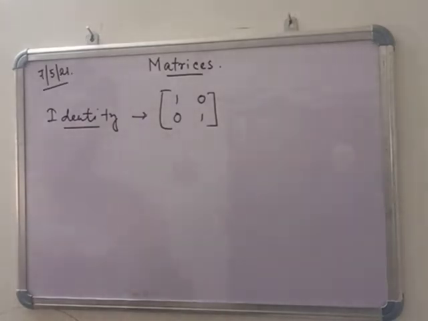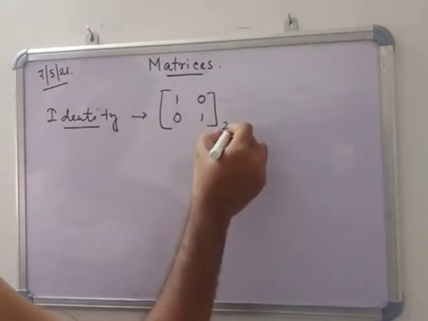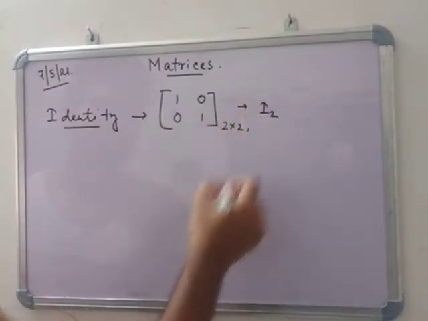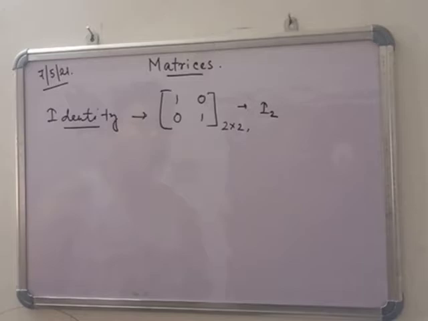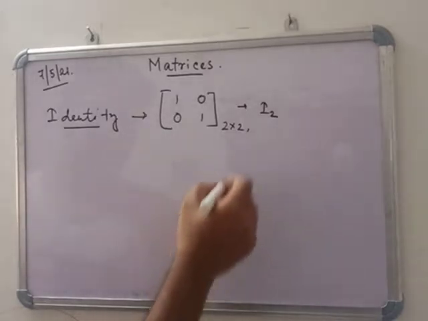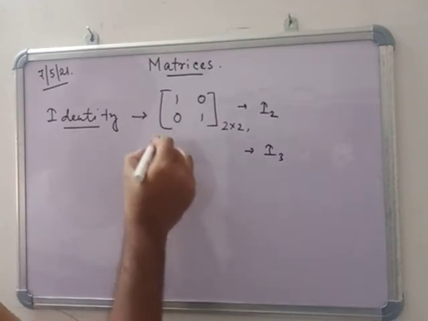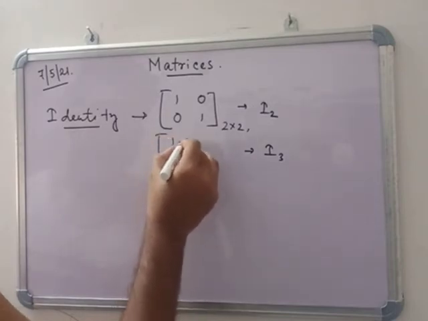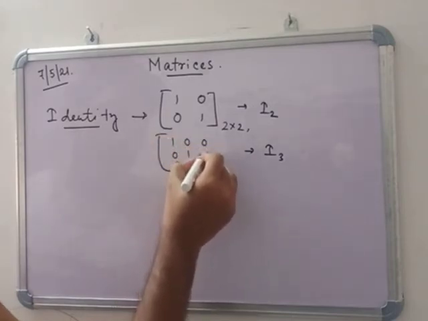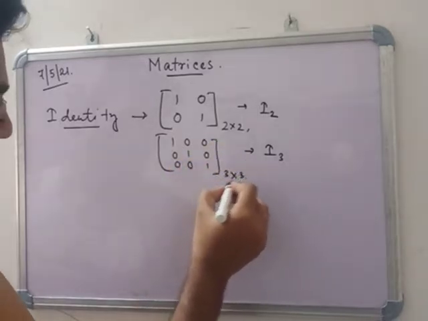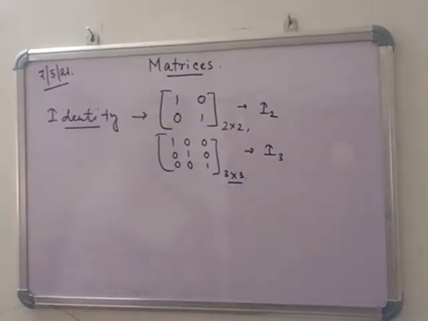This is called the identity matrix of 2 by 2 and it is denoted by I2. So I2 means the 2 by 2 identity matrix. Similarly, if I denote I3, that means 1 0 0, 0 1 0, 0 0 1. It is a 3 by 3 identity matrix.